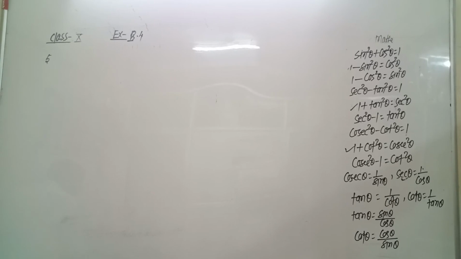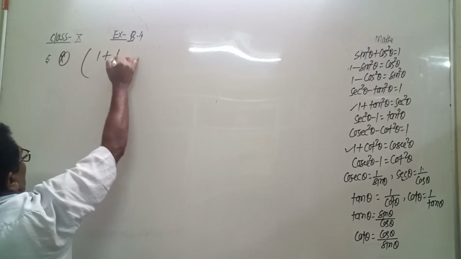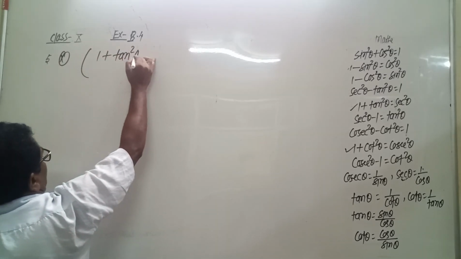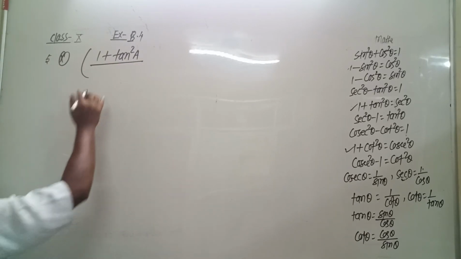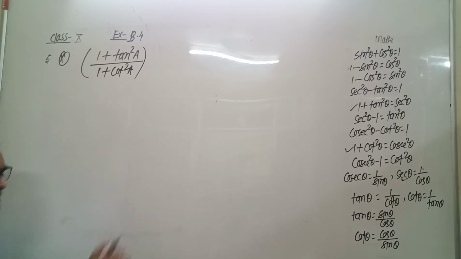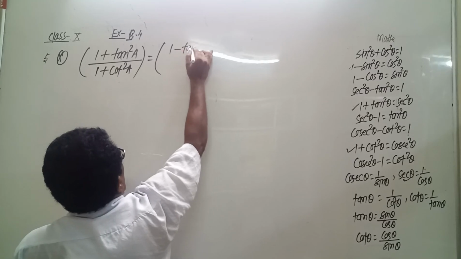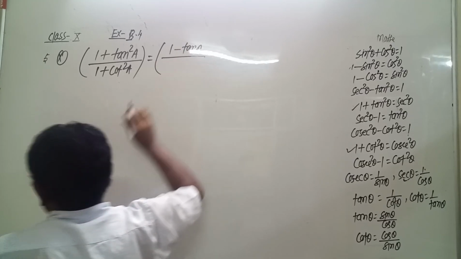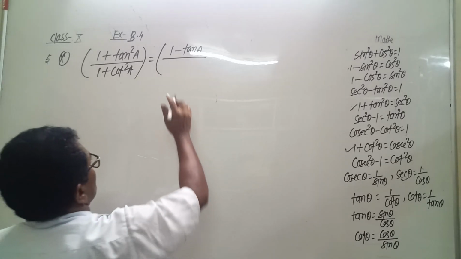Now the last question, question number 10. 1 plus tan square A upon 1 plus cot square A equals 1 minus tan A upon 1 minus cot A, the whole square.